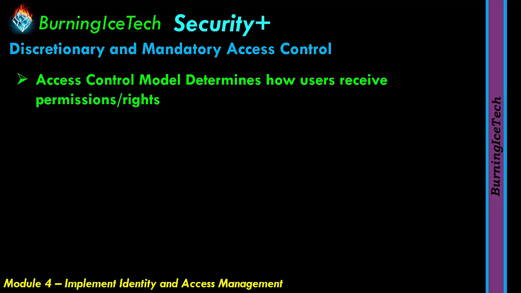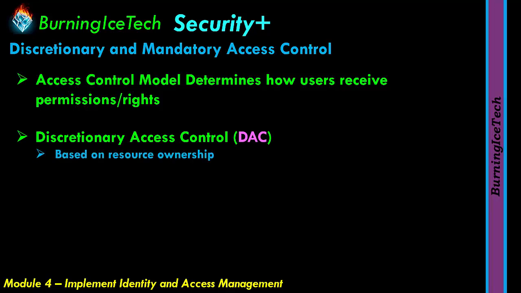Now, if we look at discretionary access control, this is based on the primacy of the resource owner. In a DAC model, in other words a discretionary access control model, every resource has an owner. The owner creates a file or service, although the ownership can be assigned to any user.